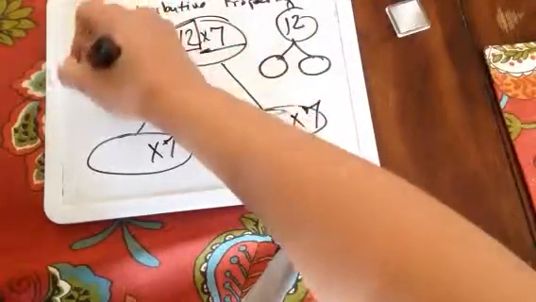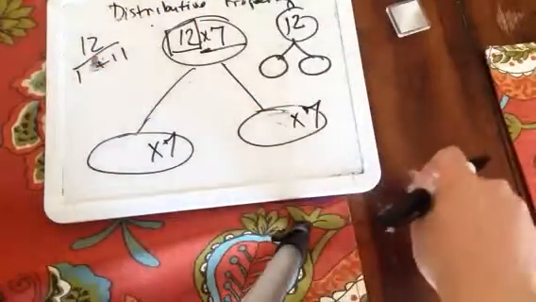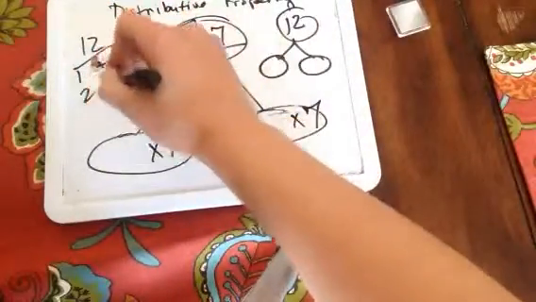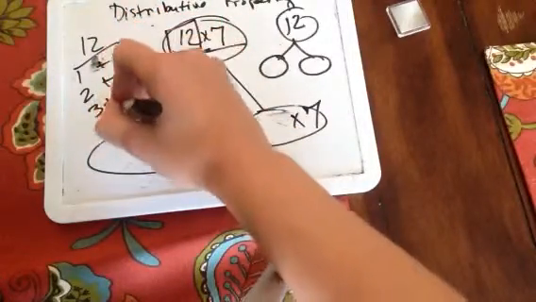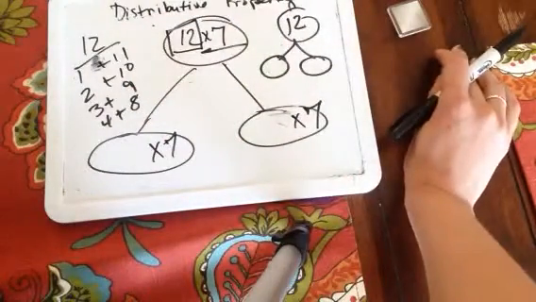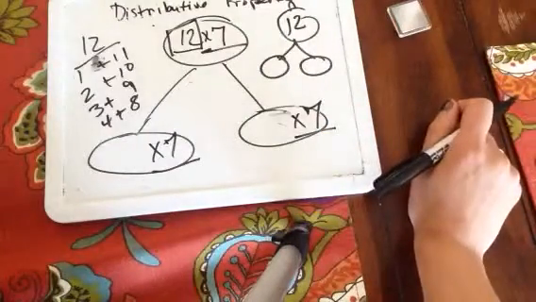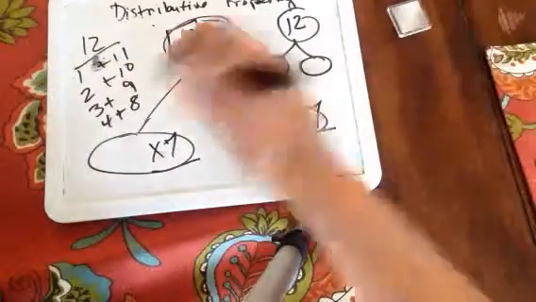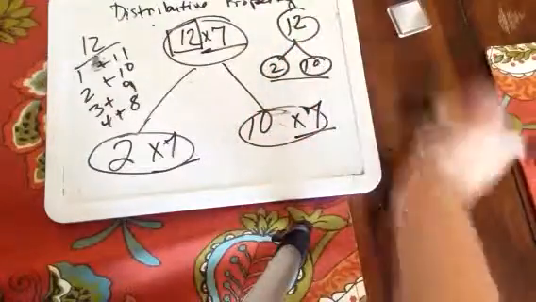So you could say 1 plus 11. Sure. You could say 2 plus 10, 3 plus 9, 4 plus 8. Whatever two numbers they are, you have to know what that is times 7. So I'm going to pick 2 plus 10 because those are easy ones for me. That's going to equal your 12.